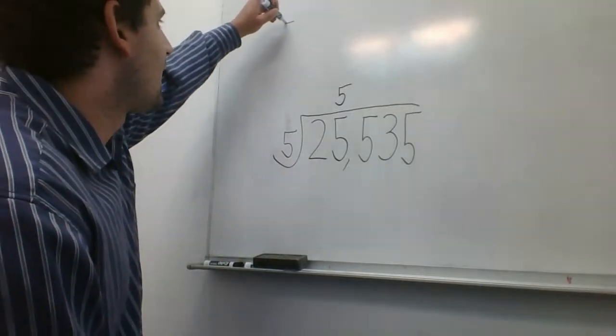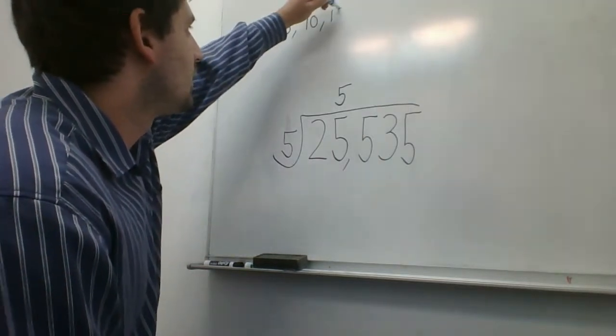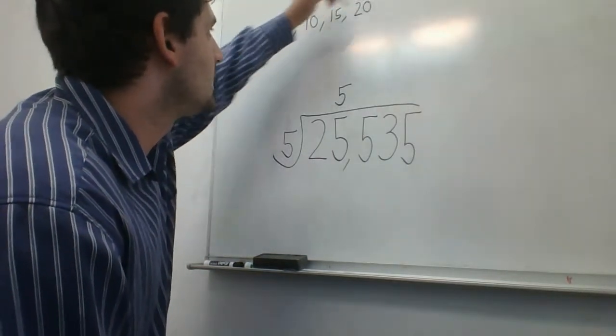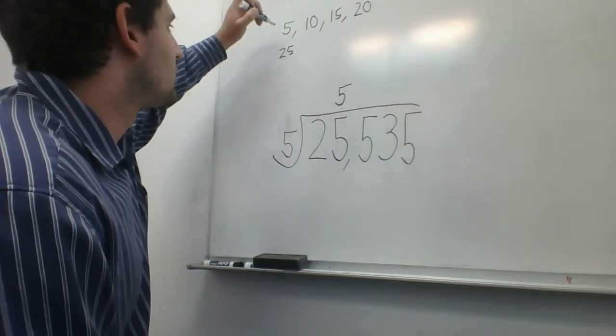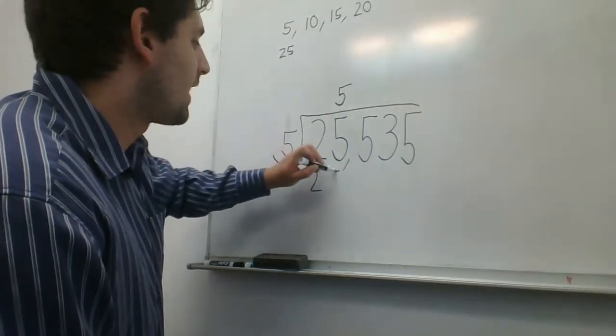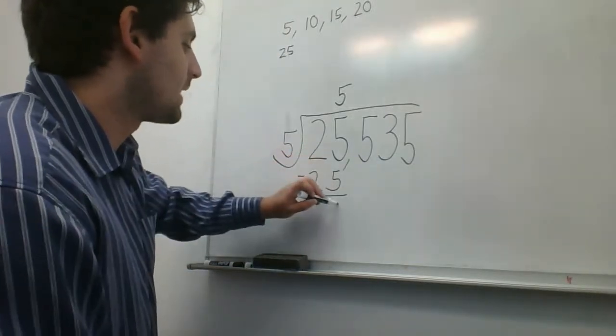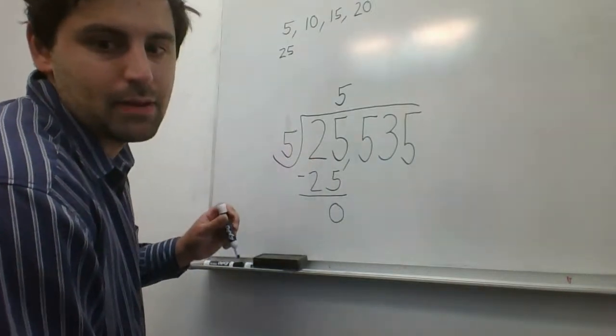If we count by 5s to see how many groups of 5 we can get in 25: 5, 10, 15, 20, 25. So there's 5 groups of 5 within 25. If we do 25 minus 25, there is no remainder. We get 0. Next step.